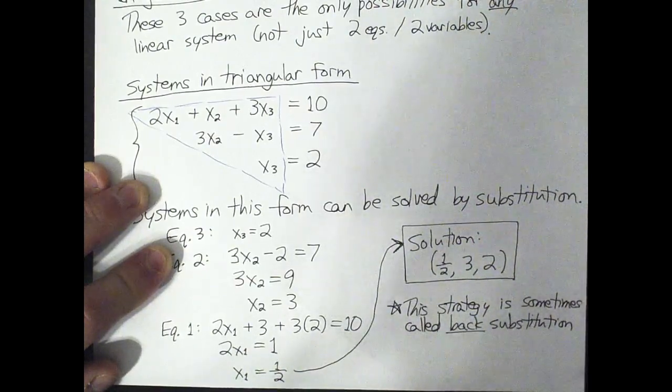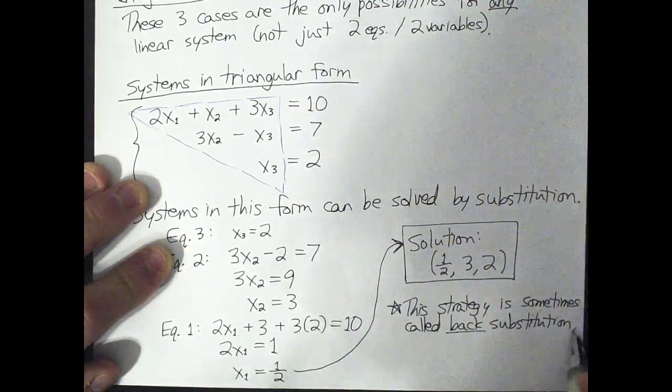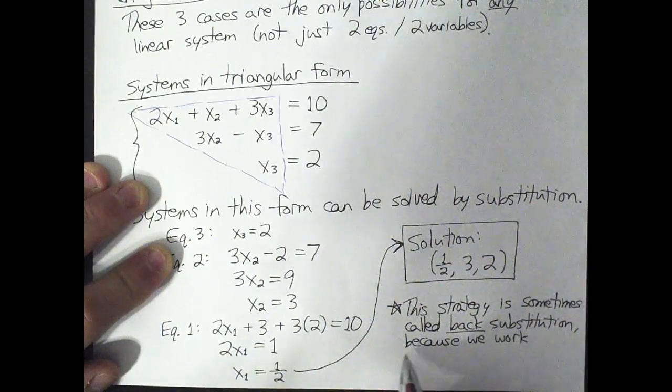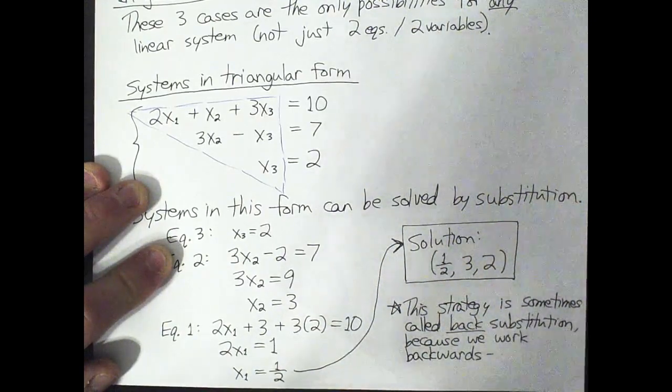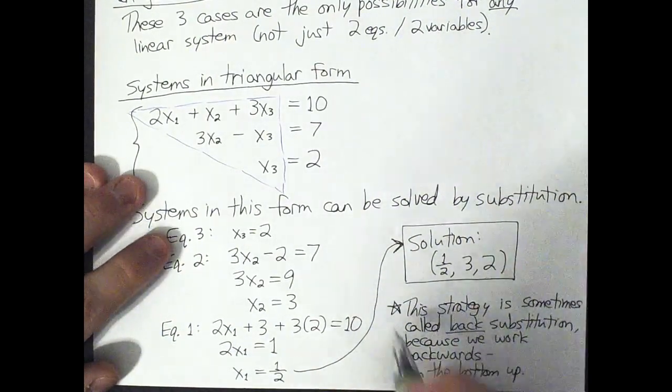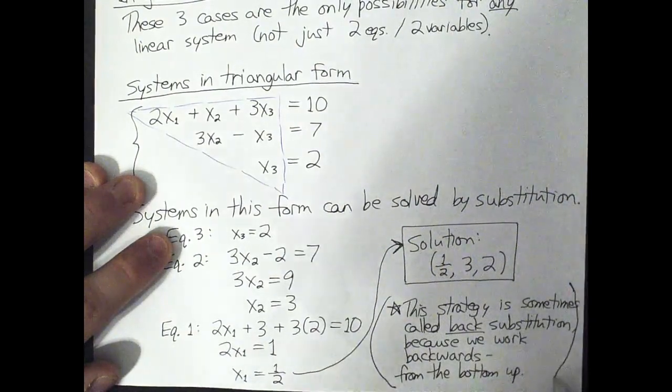I'm going to underline back. It's back substitution because we work backwards, in a sense. We were going from the bottom up. Put that in parentheses as a side note, I guess.